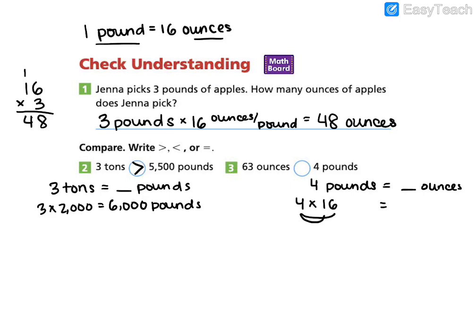So in total, there are 64 ounces in 4 pounds. Well, if I'm comparing 64 ounces to 63 ounces, then 4 pounds is just a little bit bigger than the 63 ounces.